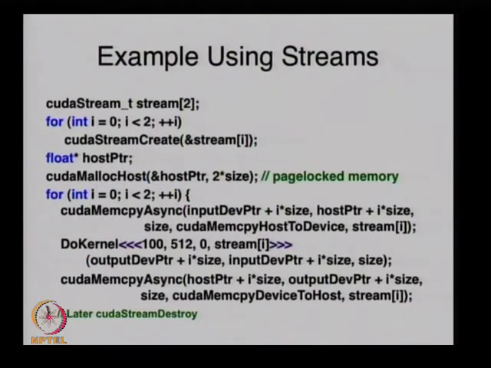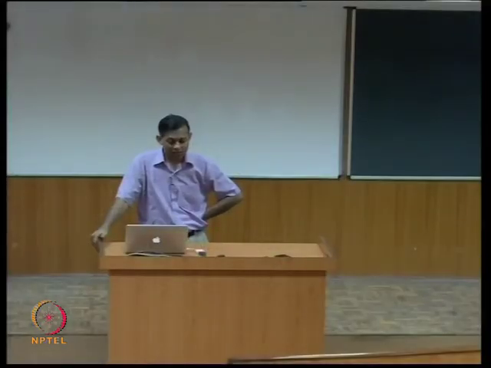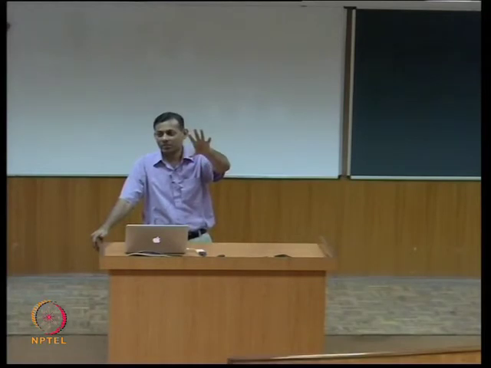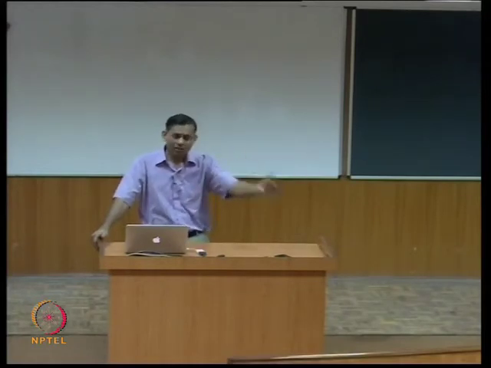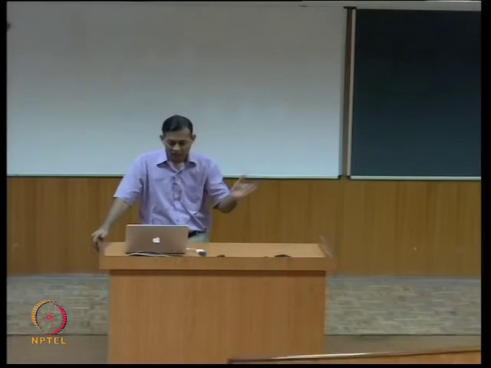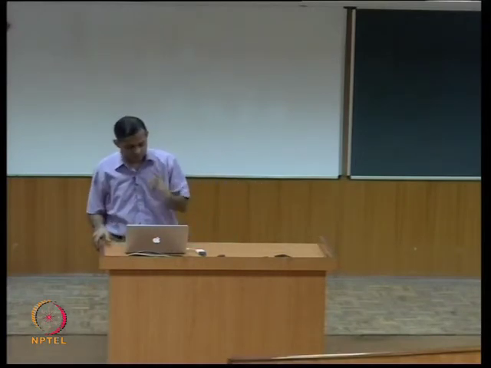In this case, page-locked memory on the host is being allocated by using cudaMallocHost of a certain size. Then you do in a loop what you would normally do in a stream: you memcopy some memory from host to device, run the kernel, and get the result back. That triple has been put in a loop. So now you're saying for i equal to 0 to 2, which is 0 and 1, you do this.